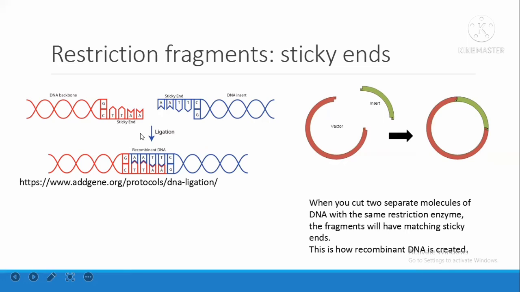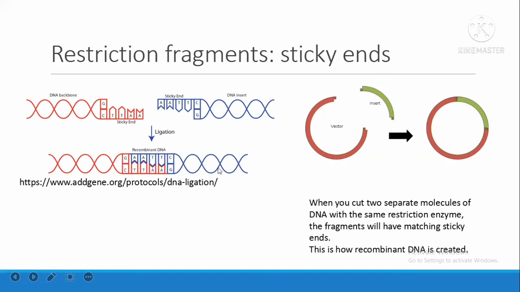Both sticky ends come together and bind with each other because they have complementary nucleotide sequences. AATT has the opposite sequence TTAA. Ligation starts, and then recombinant DNA formation occurs.